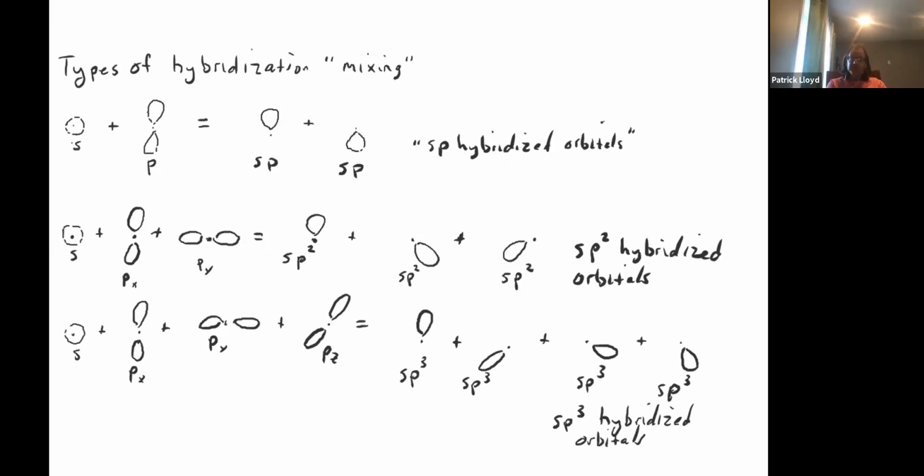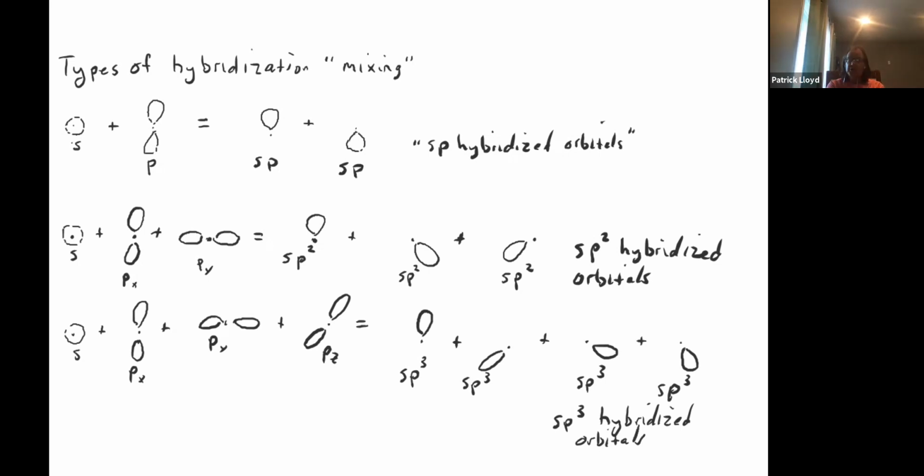So here's what happens in particular with carbon. If carbon needs to form a bond to one atom, what it will generally do is use an sp orbital, which is very directional, points in one direction.